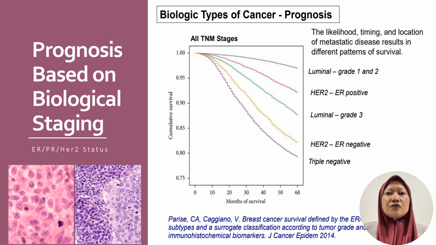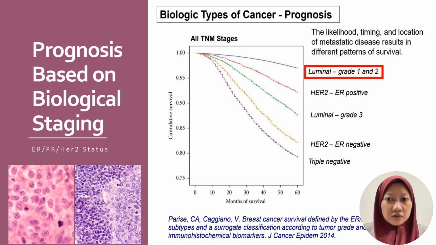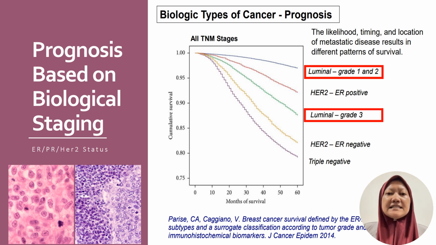As you can see from the graph, the luminal subtypes of breast cancer demonstrate differing prognosis based on tumor grading. It means that grade 1 and grade 2 tumors tend to have better outcomes compared to those with grade 3 tumors. This distinction highlights the importance of histologic grading in assessing patient prognosis.